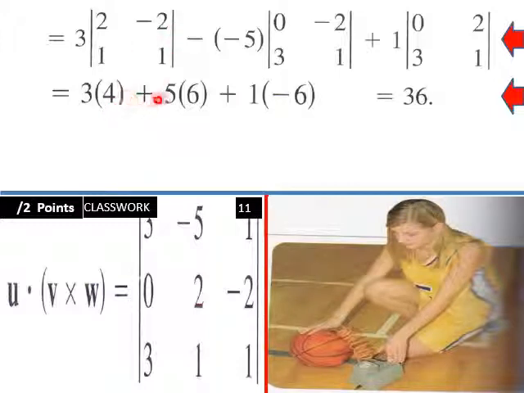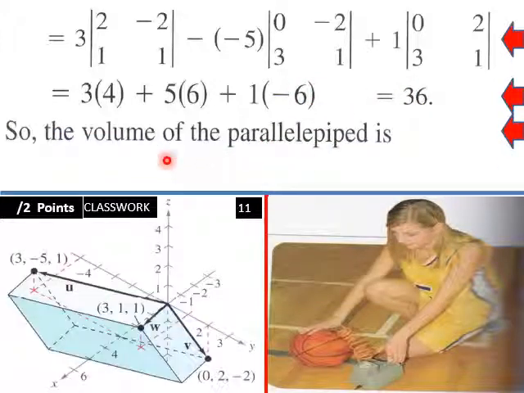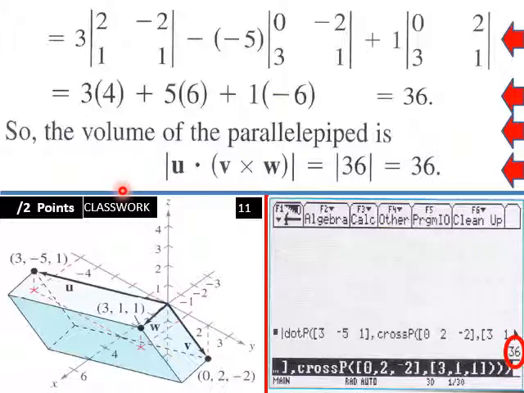This comes out to 3 times 4 plus 5 times 6 plus 1 times negative 6 equals 36. So the volume of the parallelepiped is the absolute value of u times the quantity v times w, which equals 36. And then you can check this on a CX calculator. It comes out to 36 down here by using your cross function here on the CX.